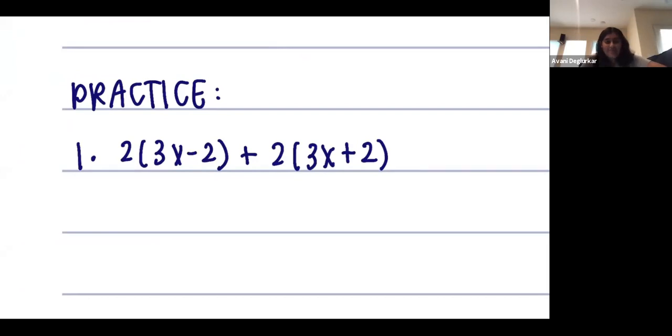What is A? I haven't given you guys a value for that. We're working on combining like terms. You guys will have plenty of practice with plugging in values for variables.